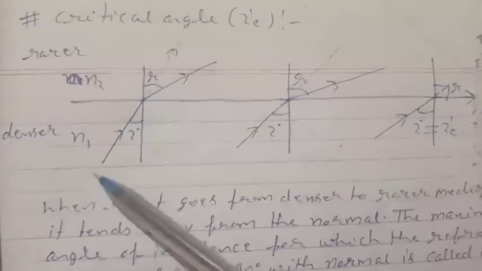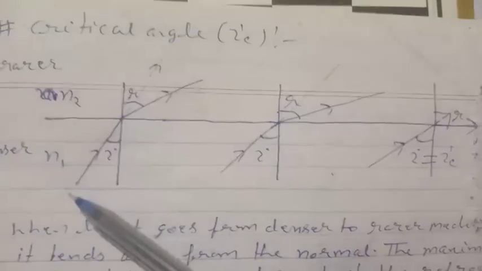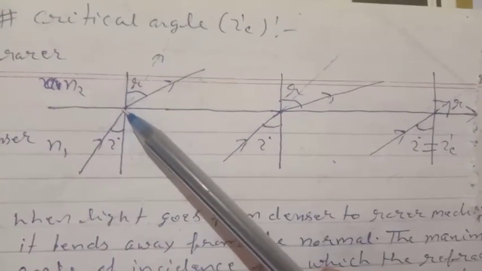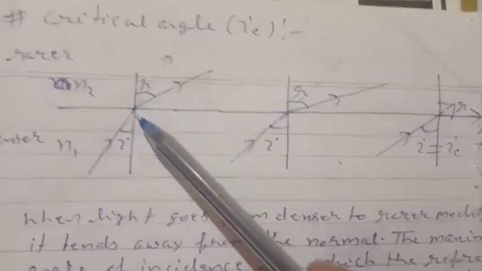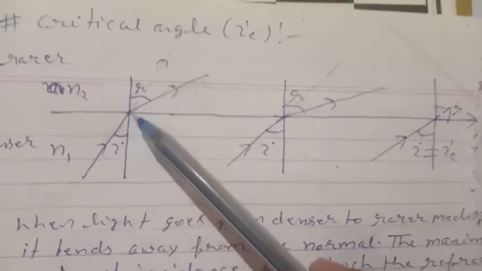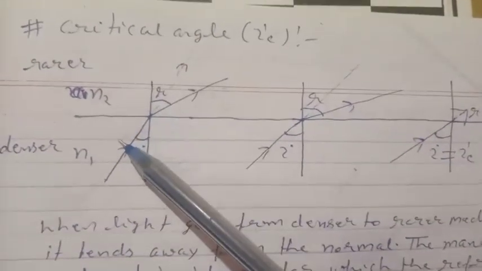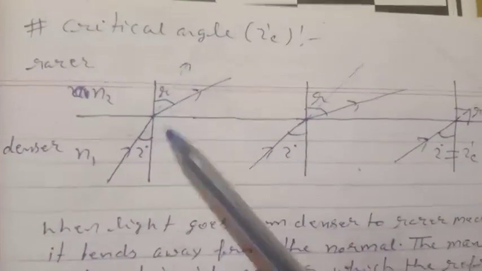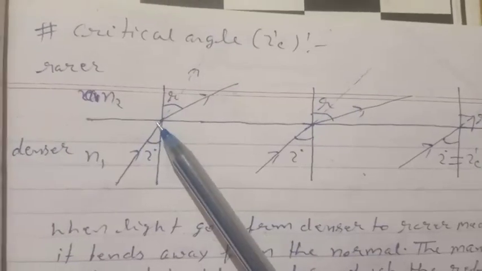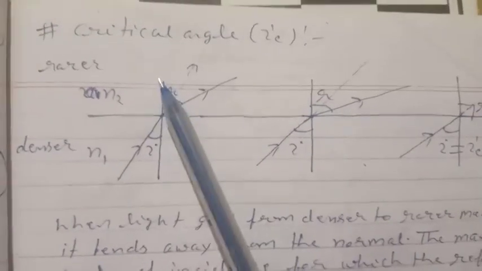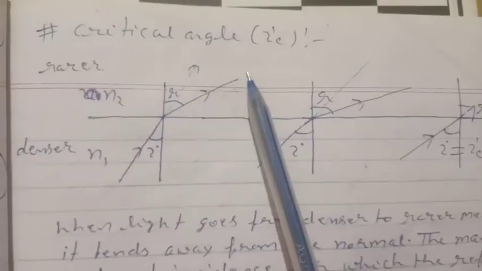Let us see light incident on the boundary of separation, that is, light passing from one medium to another, where this is denser and this is rarer. So when it comes out from the denser medium to the rarer medium, it bends away from the normal. This is the normal, so it will go like this.